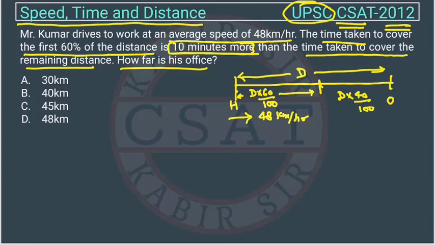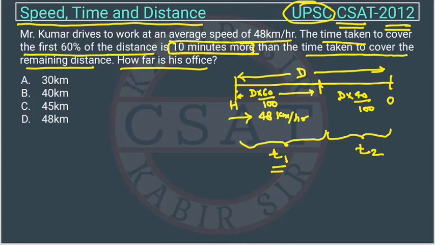Suppose the time to cover 60% is T1 and the time for the remaining is T2. So T1 is 10 minutes more than T2.